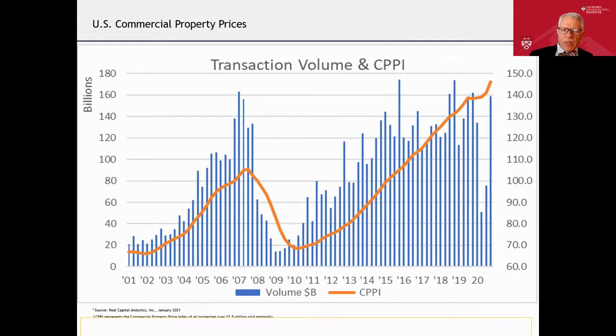And so they produce the real commercial property price index, or CPPI, and you see that it follows the capital flows very closely. And on the next slide, we can break that down by property type.